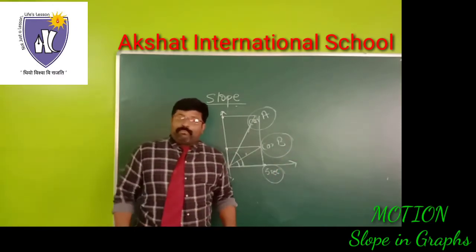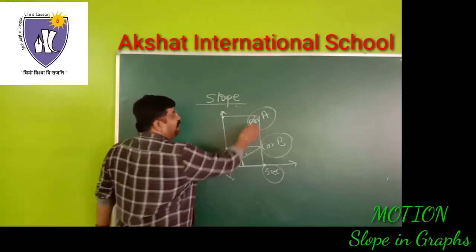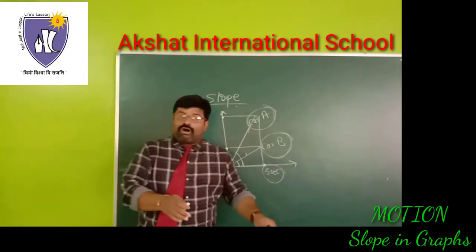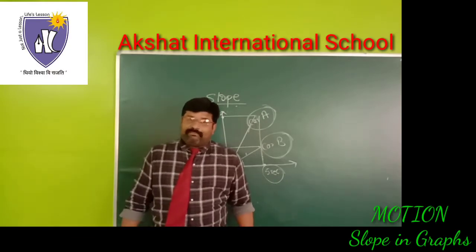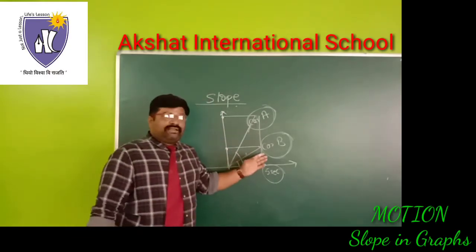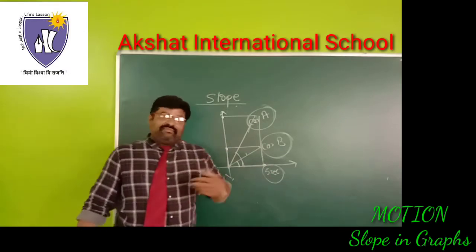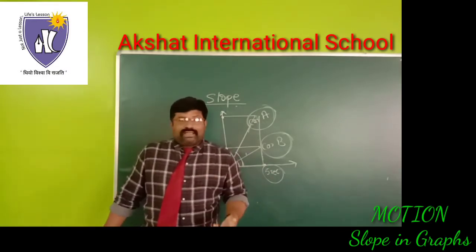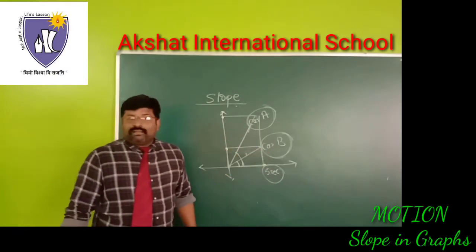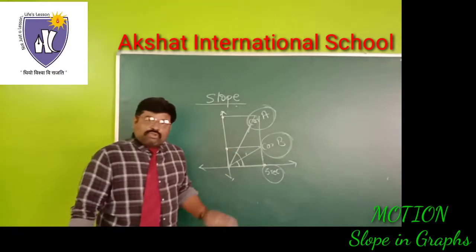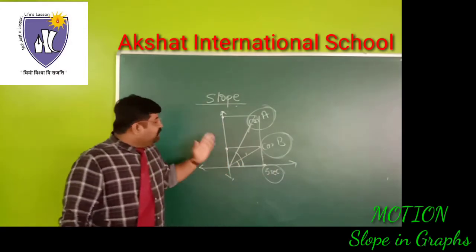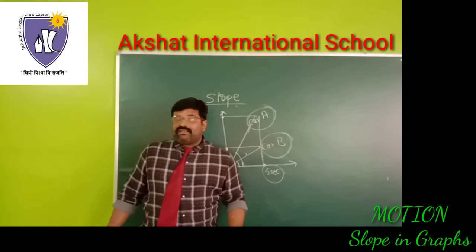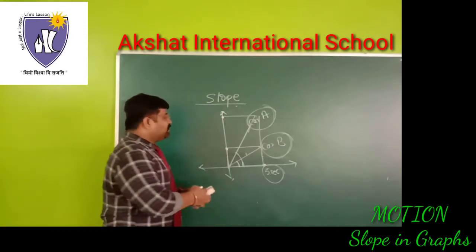This is only possible when car A has more speed than car B, because if a vehicle covers more distance in a given interval of time, then its speed will be more than the speed of car B. So simply by seeing the slope, we can find out the speed of the vehicles in a distance time graph.